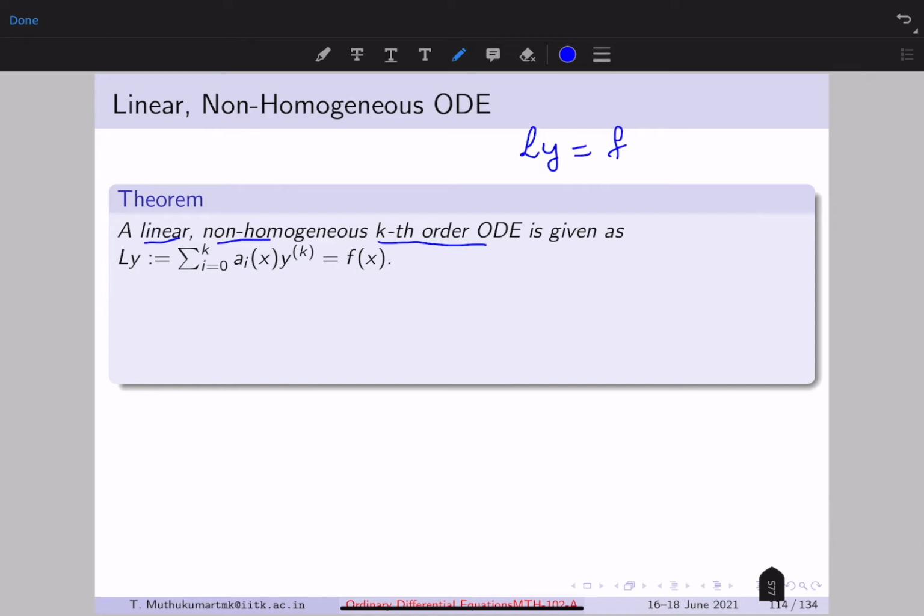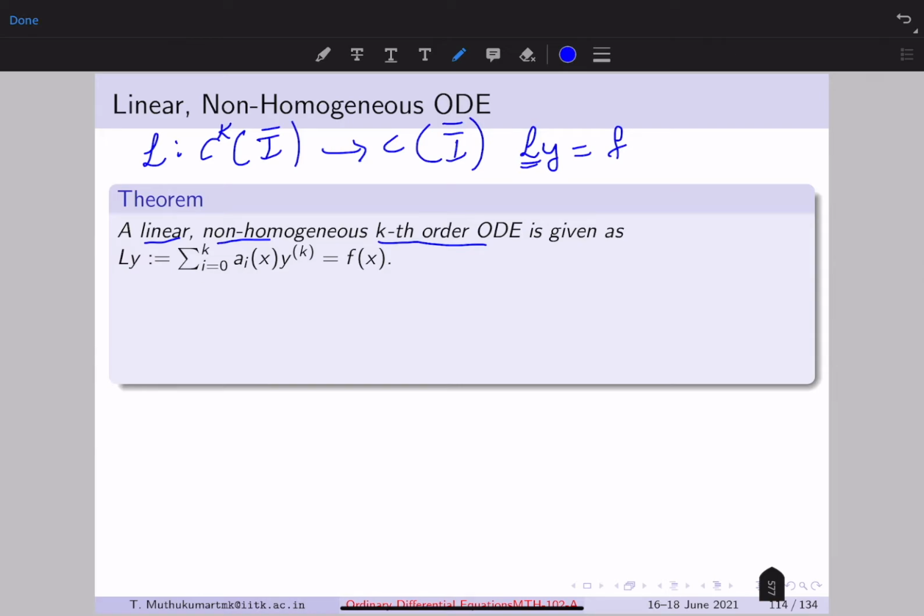You have a linear operator L, which we have already said is linear, and you have f. We have already seen that this L is actually a map from the vector space of continuous functions to the vector space of continuous functions, where the domain, if it's kth order, is properly C^k.